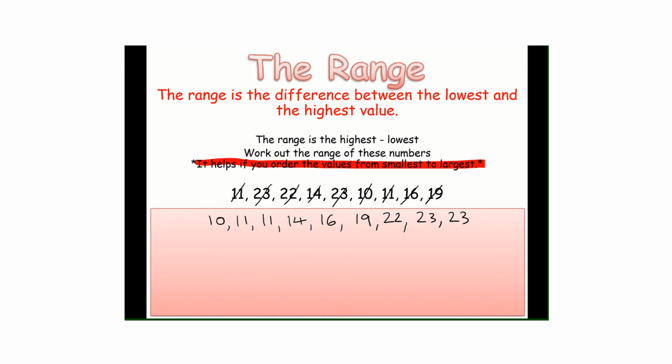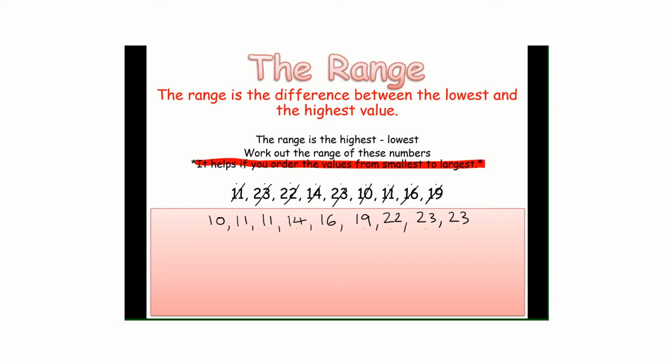I'm also just going to check by counting. So I had 1, 2, 3, 4, 5, 6, 7, 8, 9 numbers to start with, and I've got 1, 2, 3, 4, 5, 6, 7, 8, 9 numbers I've written down, so I should be fine.